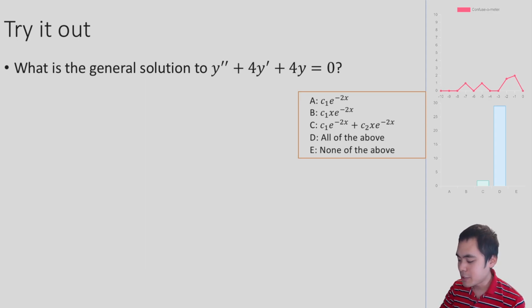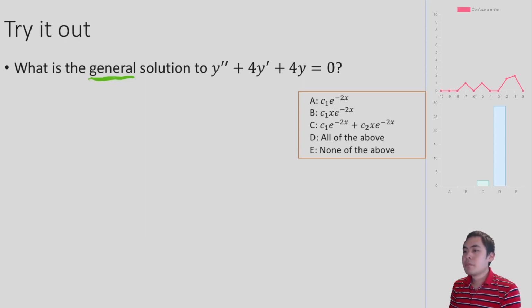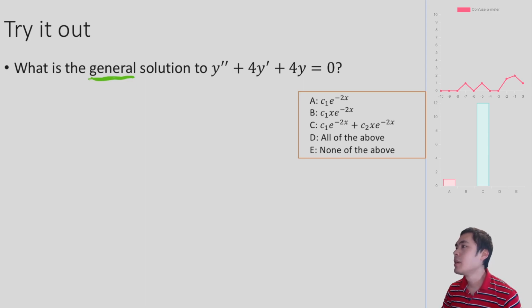Note that I am asking specifically for the general solution, not just any solution. Okay, so it looks like we have a lot of C's and a couple A's and B's.